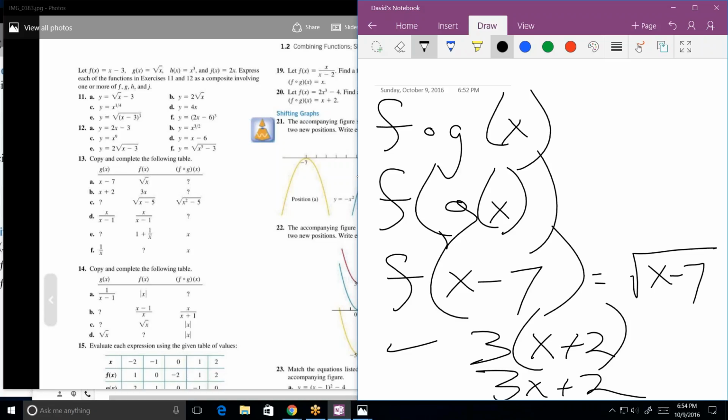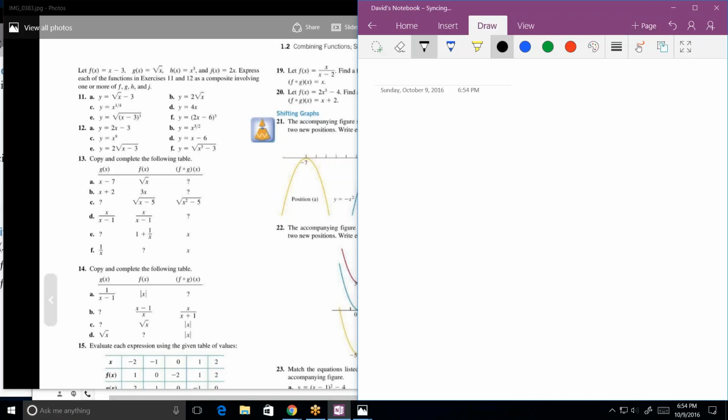Okay? All right. So now let's see if we can go backwards for C. That's what's tricky about D. What must g of x be such that f of g is the square root of x squared minus 5 for C? The only thing I can really suggest here is experimenting. I believe it would have to be a squared number.